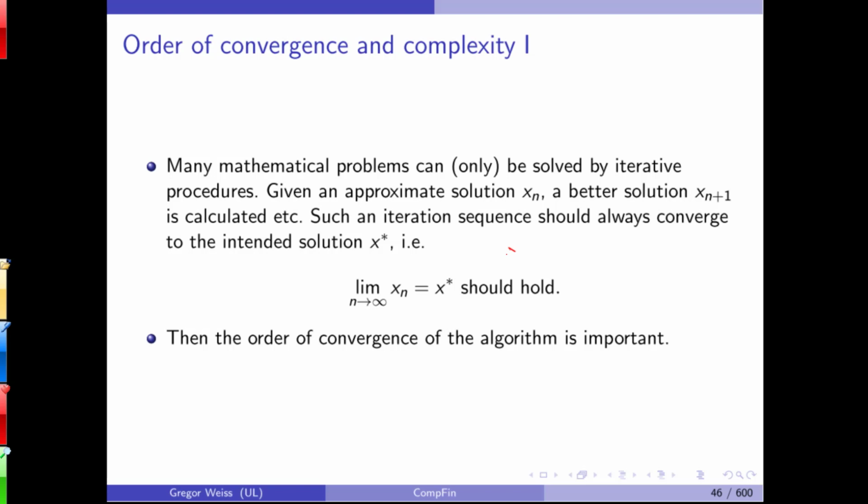So that's an iterative algorithm. And more formally, you will have xn. Those are the approximations to your solution. You are trying to find x star, and you have an iterative sequence of approximations.